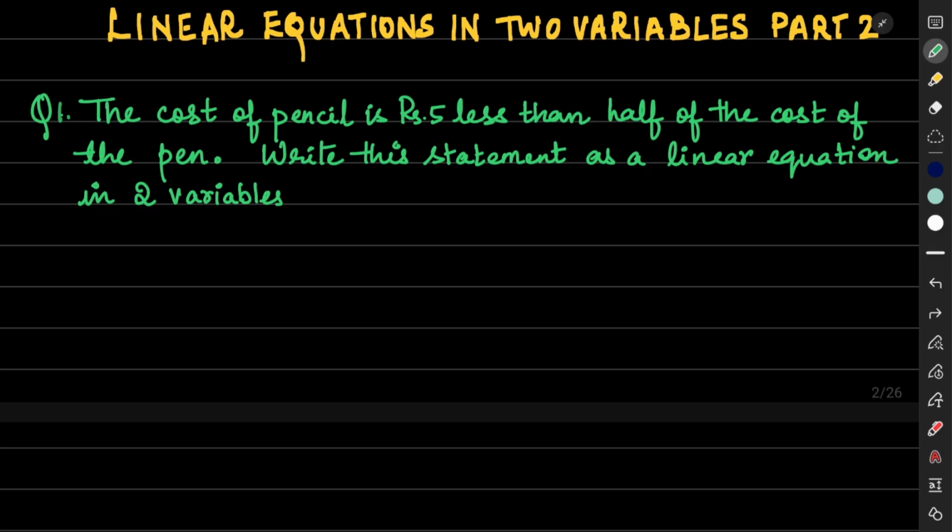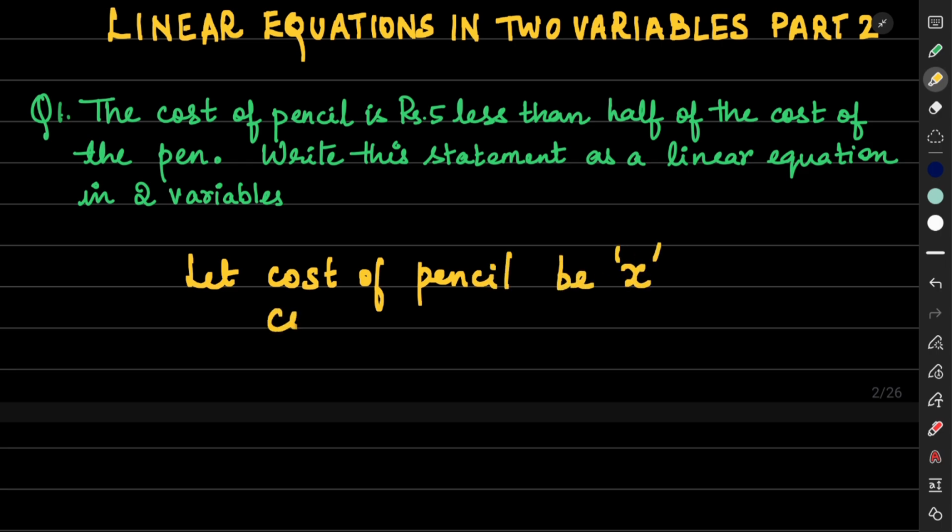Whenever you have such questions, you have to make sure the quantity or the value which you do not know, you take that as x. Here, the cost of a pencil we don't know, so we'll write: let the cost of the pencil be x, and the cost of a pen be y.